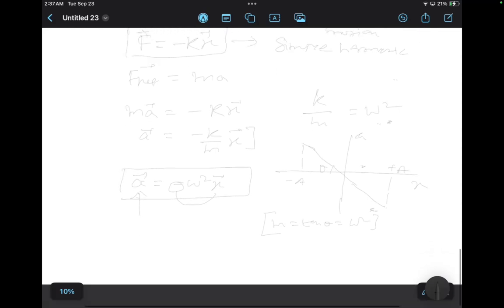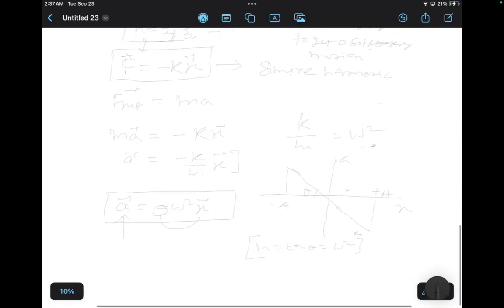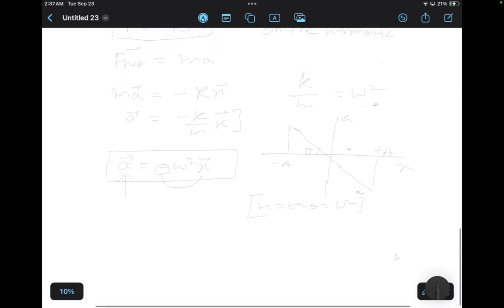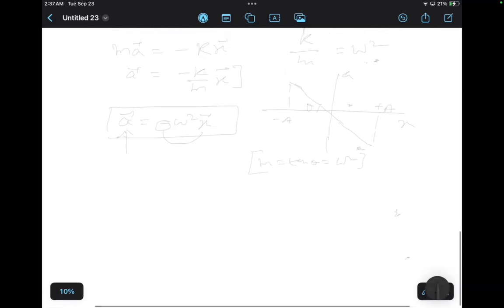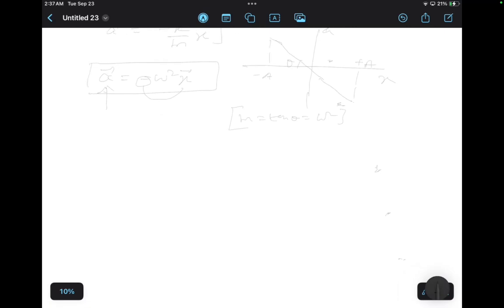Now we are going to understand SHM and define some more basic terms related to this. So we are getting F equal to minus kx. Now this is the mean position. We defined the mean position in great detail, and now we are defining the two positions known as extreme positions, plus a or minus a.